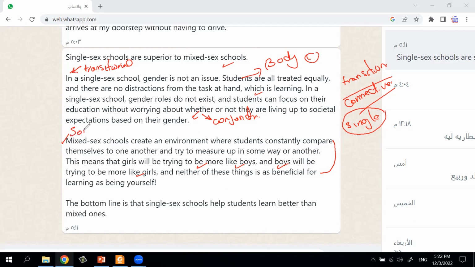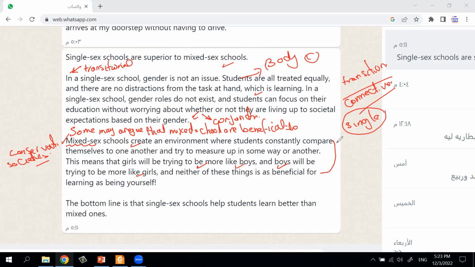Some may argue that mixed schools are beneficial to conservative societies. And here you can start by saying, but it's not correct, and mentioning your point of view. It's fine.